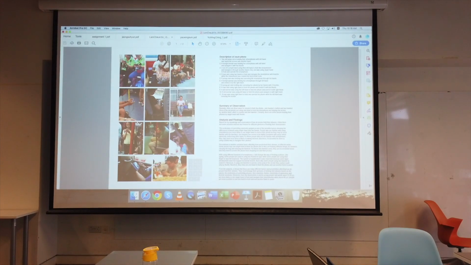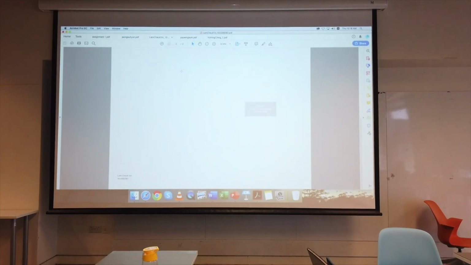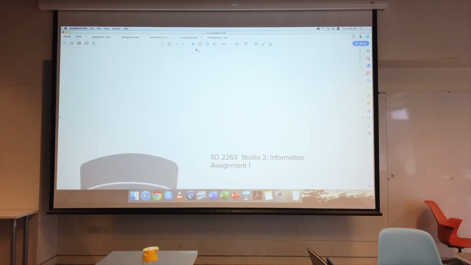You just did 2 pages, and these are 2 empty pages. So again, you have to fully utilize your pages.